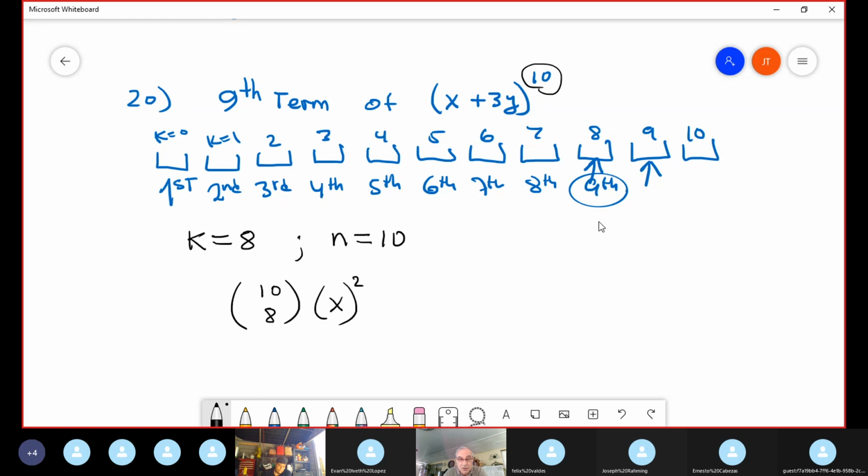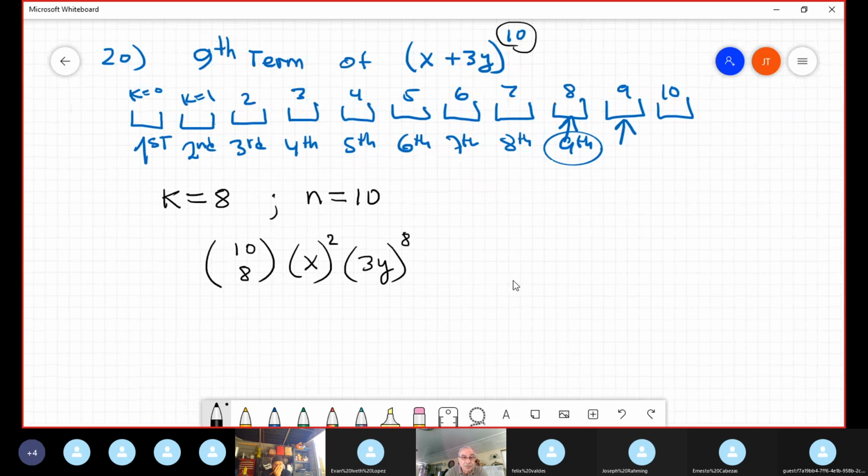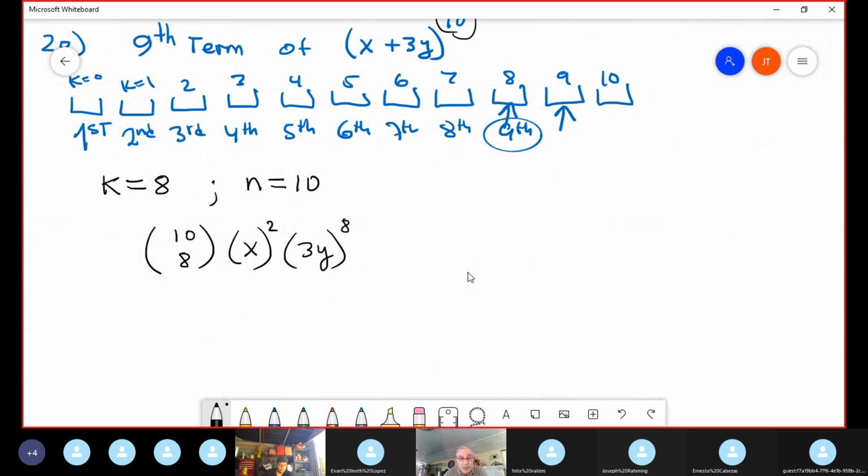A minus K, and 3y, which is B, raised to the K, which is 8. Okay, combinatory number 10, 8, we can compute by hand, or we can compute it by the calculator. Any calculator has this function, guys. Combinatory, depending on the calculator.